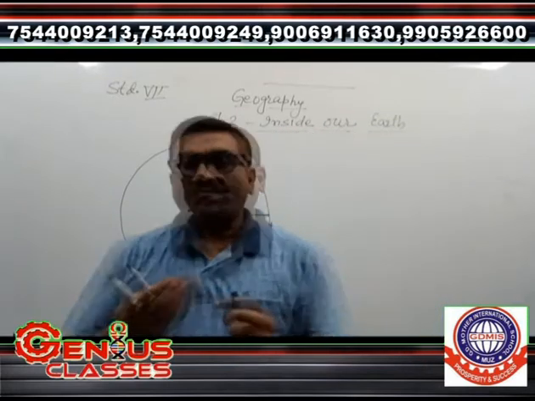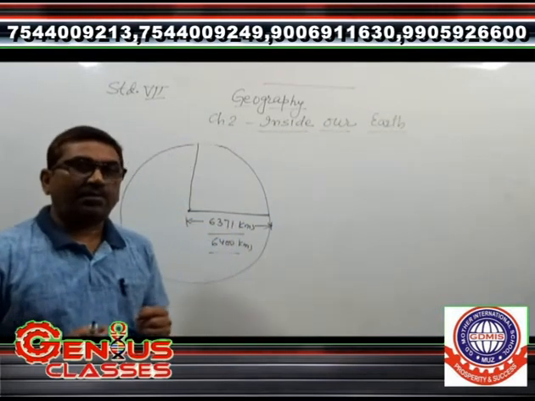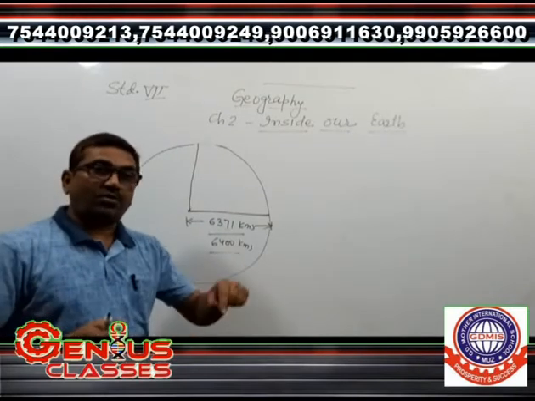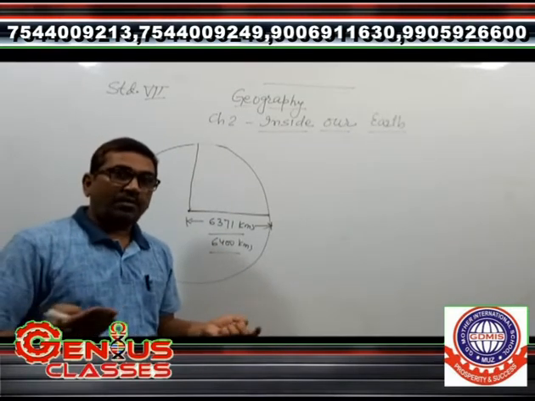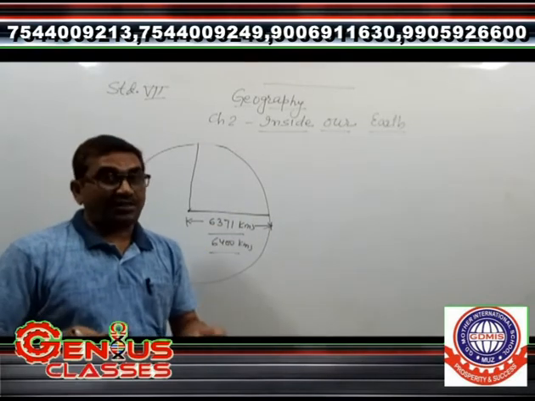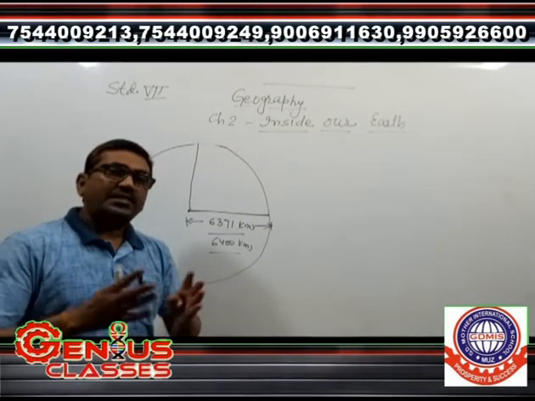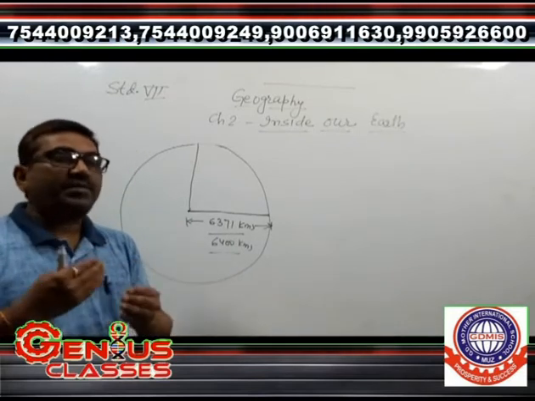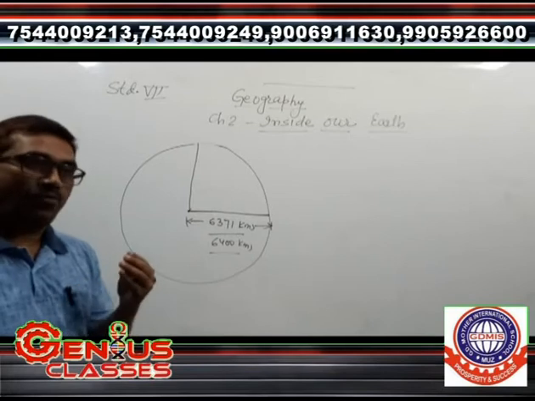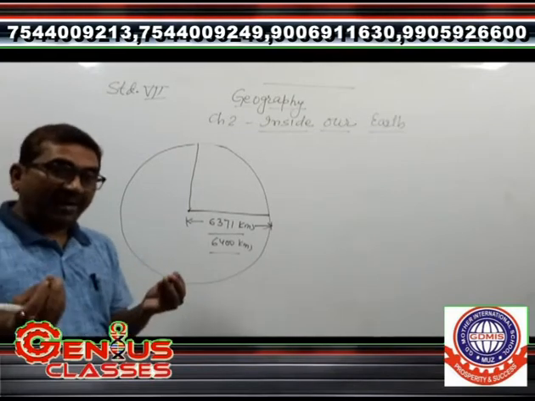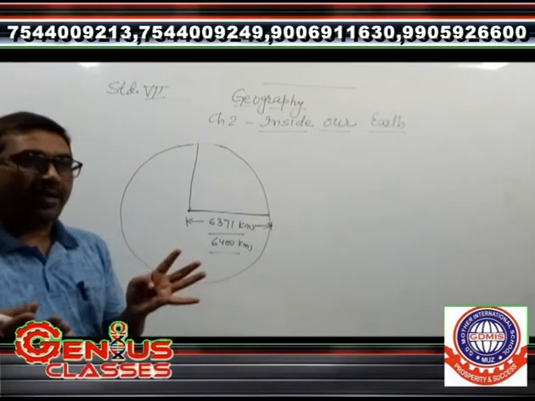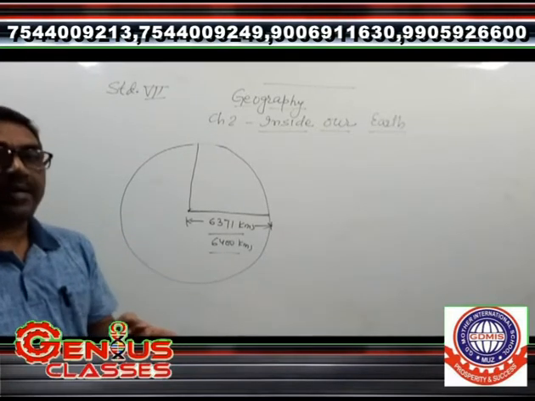It may be plus or minus, because no one has gone into the deep interior of the earth, because no one can go, because as we go inside, the temperature increases. So it is difficult, but it has been estimated from the rocks and materials that have come out, and accordingly an idea has been given.